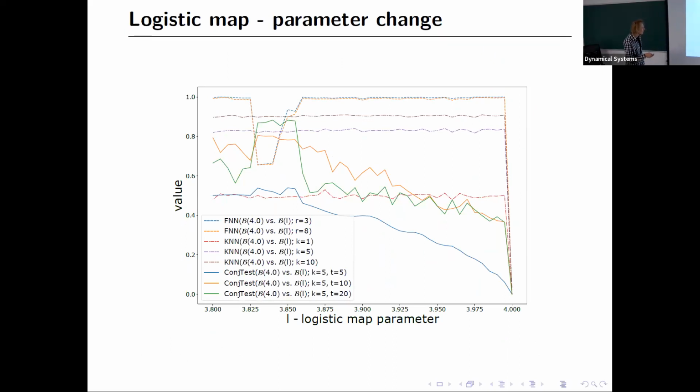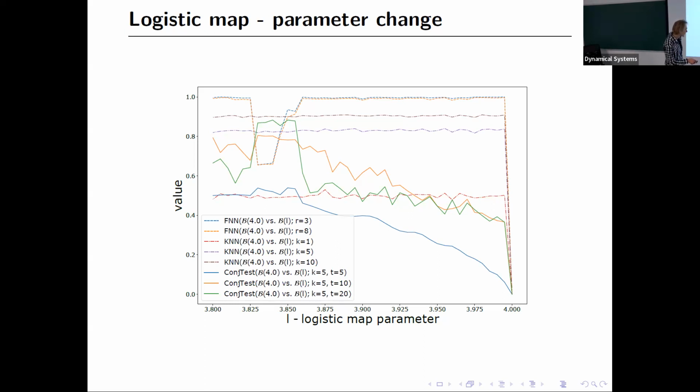So what do we have here? We have conjugacy test values if we compare a time series produced for parameter equal 4 with time series generated by systems with different parameters of the logistic map.